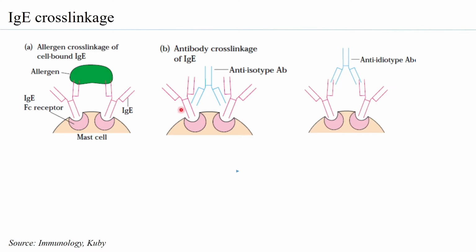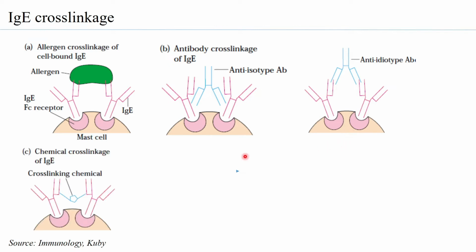So it's not just binding to the constant region of the Fc of the IgE that carries out cross linkage, but if you have the anti-idiotype antibody binding to the antigen binding domain, you still have cross linkage and you can have the mast cell degranulating. So from this, what is very clear is that the cross linkage of the Fc epsilon receptor is what is important. So it is the receptor cross linkage that is of importance for degranulating the mast cells.